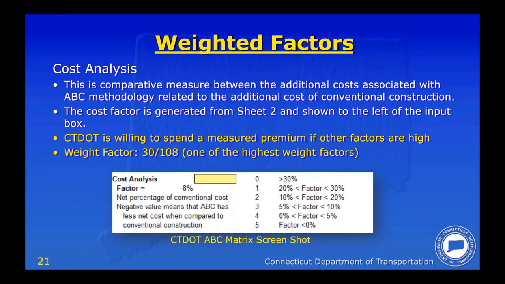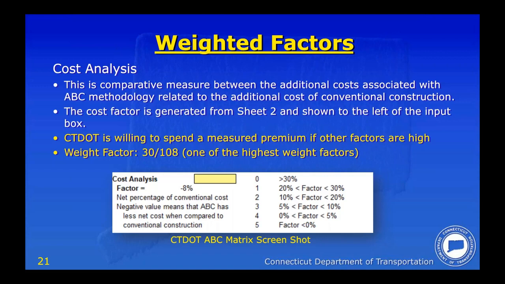Cost analysis. So we discussed this earlier. This is a measure between ABC and conventional cost here. If we find through the spreadsheet computation that our ABC alternative is costing us up to 30% more, then we're going to put a 0 in here for ABC weight for cost.